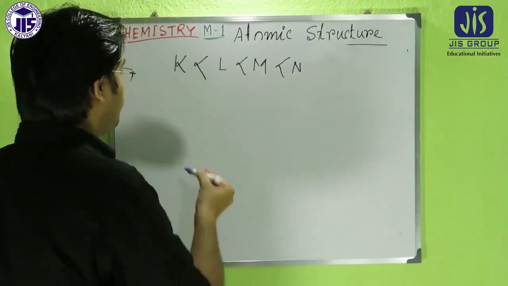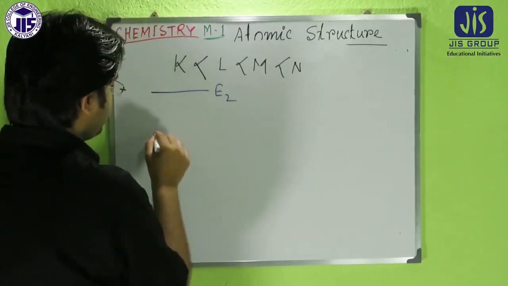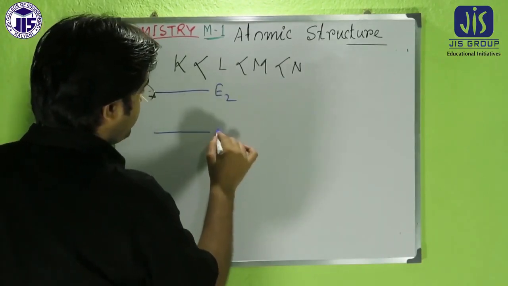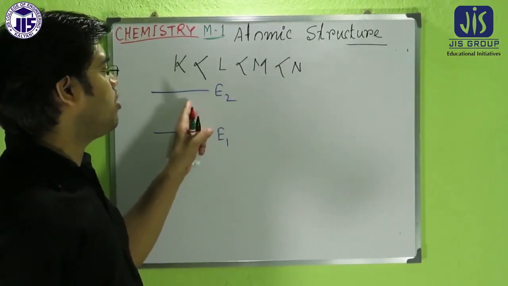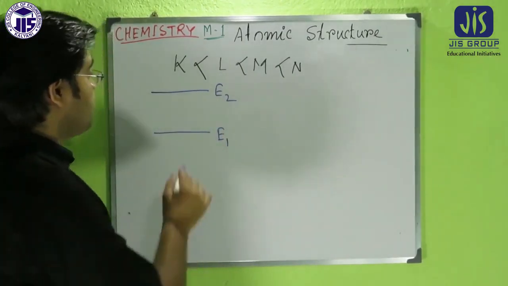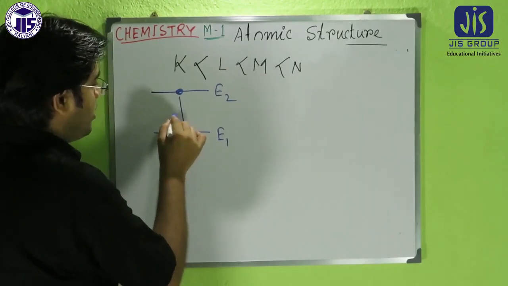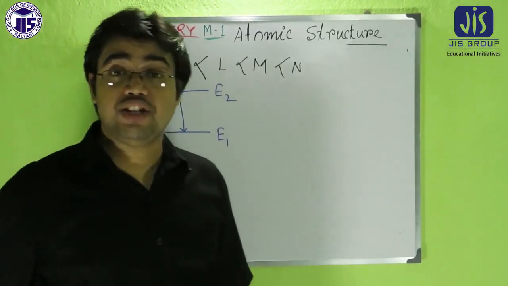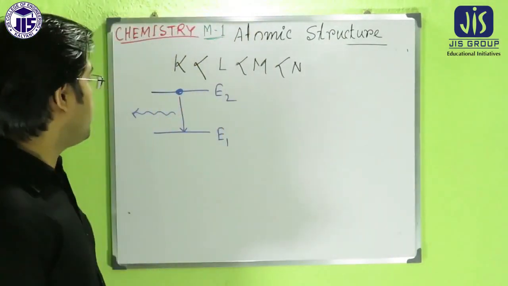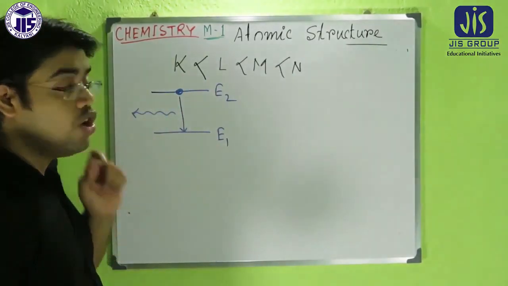So for example, E2 is the energy of the higher orbit, and E1 is the energy of the lower orbit. If one electron jumps from E2 to E1, then obviously it has to emit energy. That means the electron must release some energy when it jumps from the higher orbit to the lower orbit.